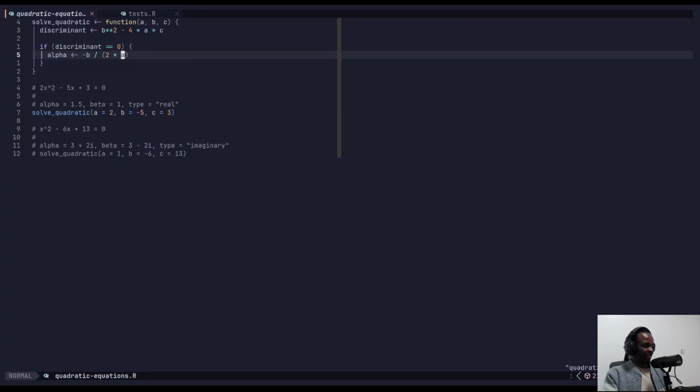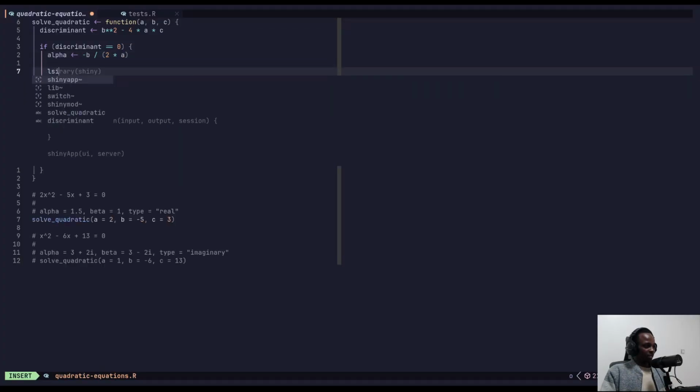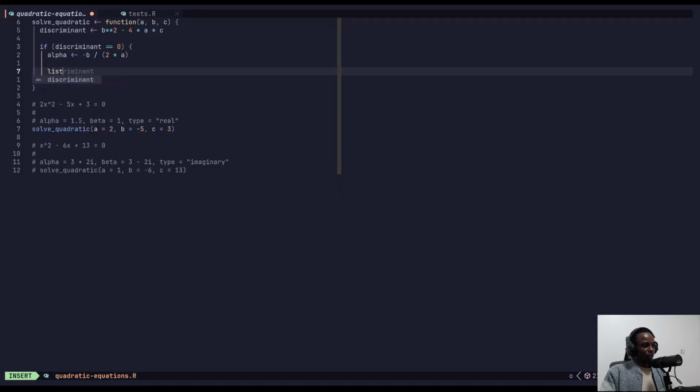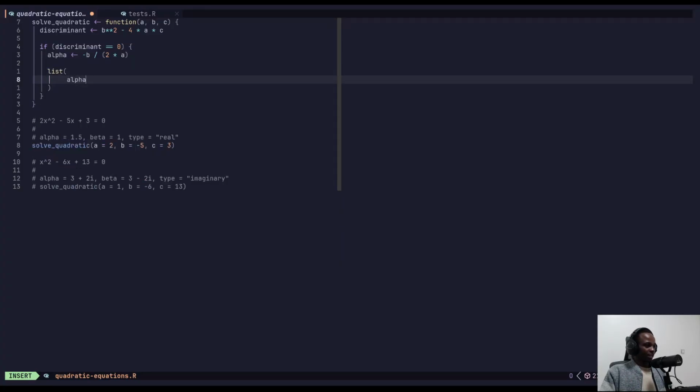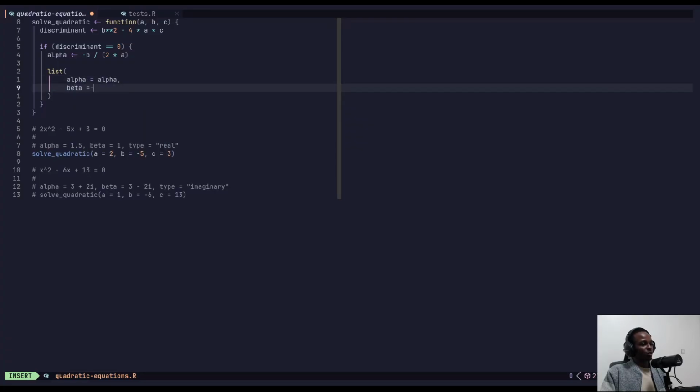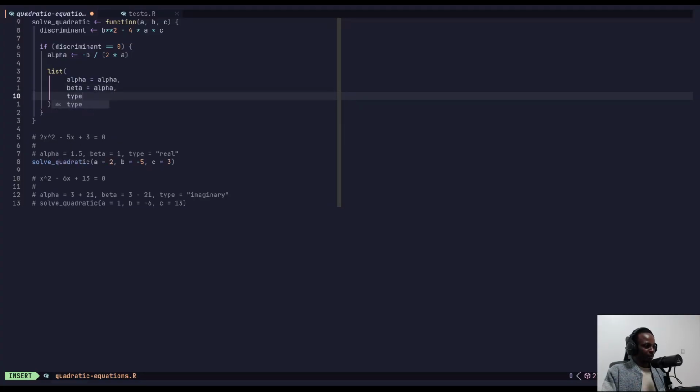And that's it, right? Then we said we want our function to return a list. The first value is going to be alpha, and then I want you to return beta. In this case, alpha and beta are identical, so we say beta is equal to alpha. And finally, I want you to tell me the type of the roots.